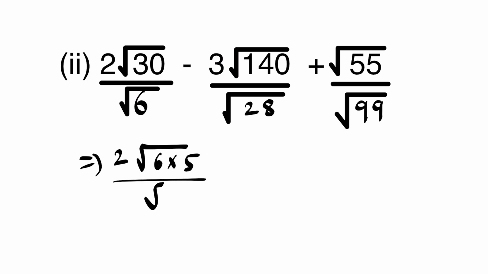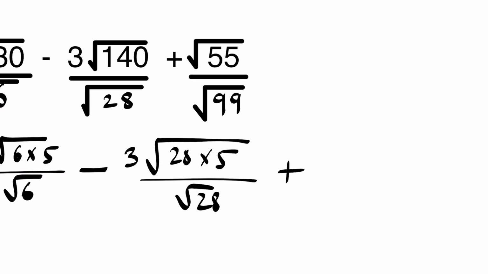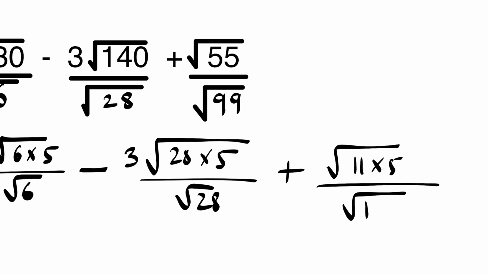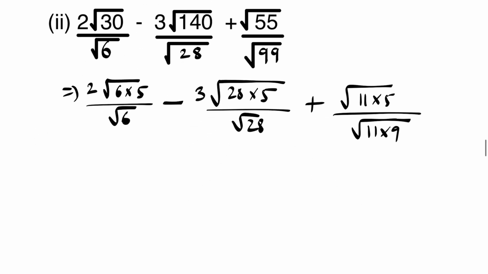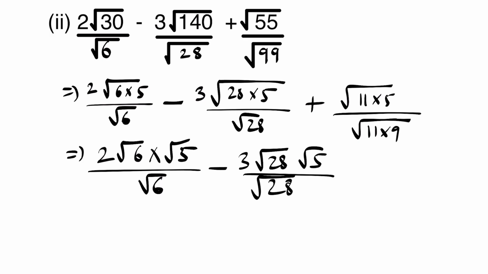6 into root 5 upon root 6 minus 3 root 140 upon root 28 plus root 55 upon root 99. We can write this as 11 into 5, 99 as 11 into 9. So this is 2 root 6 into root 5 upon root 6, okay, minus 3 root 28 into root 5 upon root 28, plus root 11 into root 5 upon root 11 into root 9.